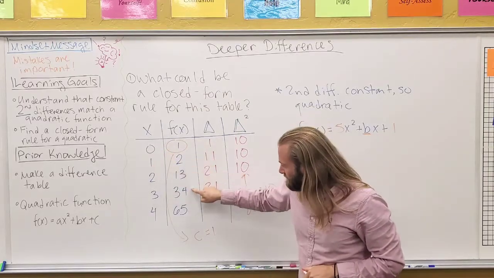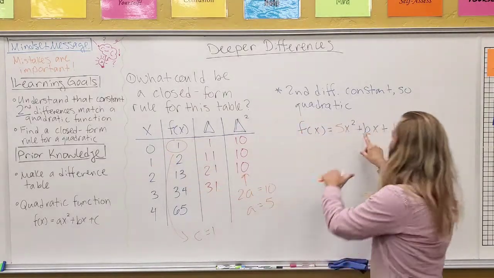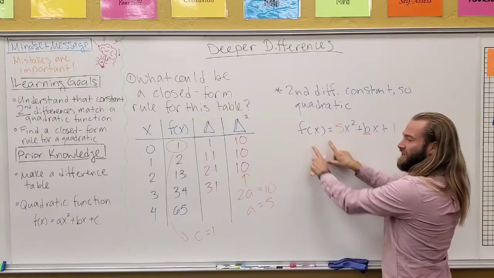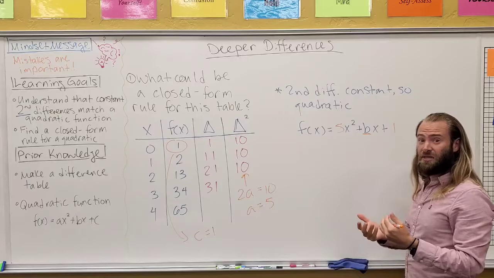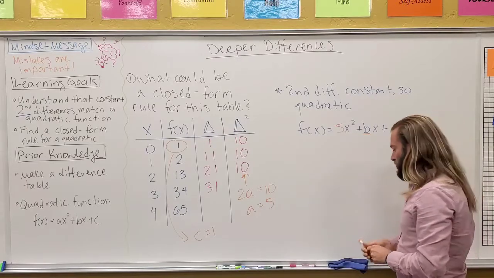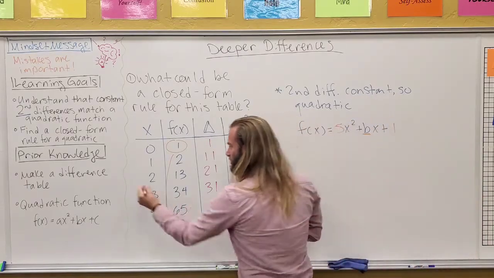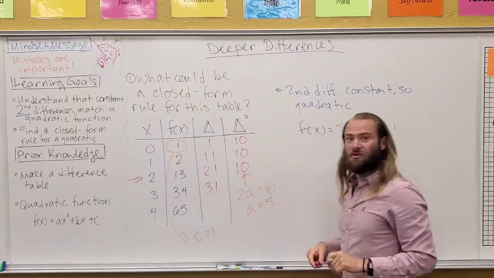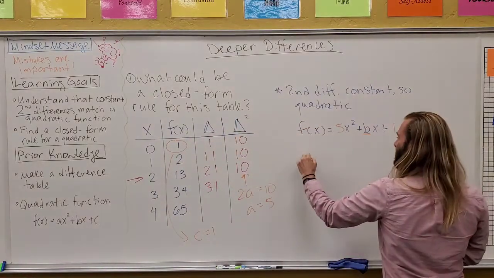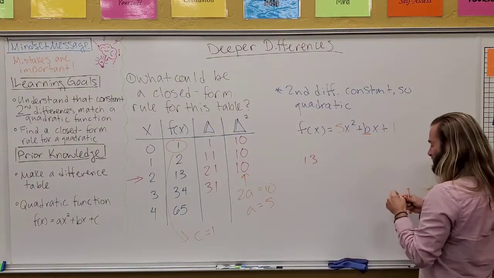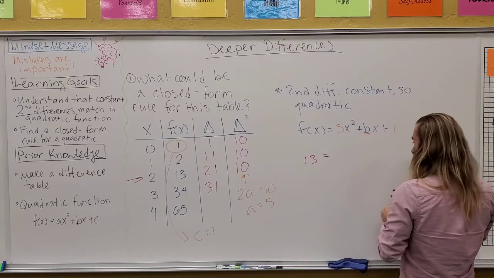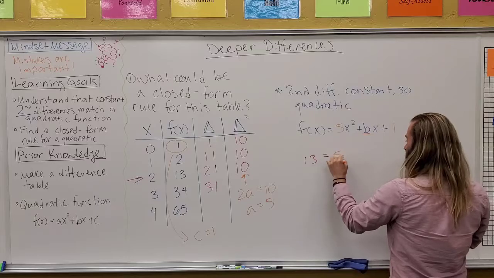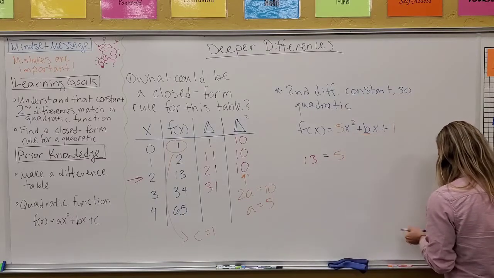But if you want to choose any of these coordinate pairs, you could plug them in for x and f of x, like as input and output, and that'll help you solve for b, and then we'll get our final formula. So let's just say I chose to use 2 and 13. So what we're saying is the output is 13 when the input is, and I'll try to keep all my color coding.